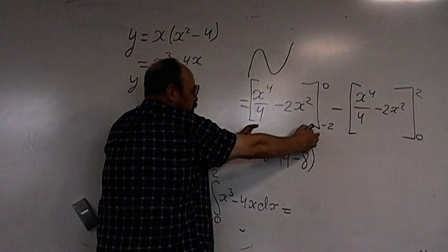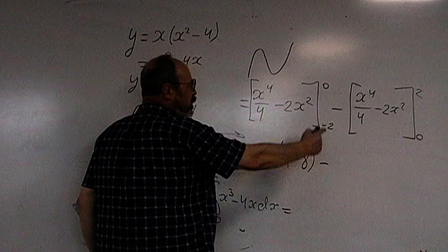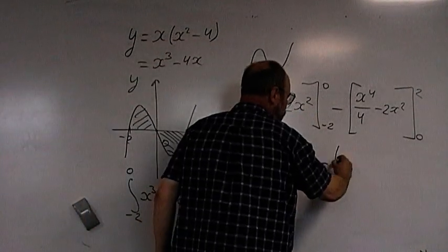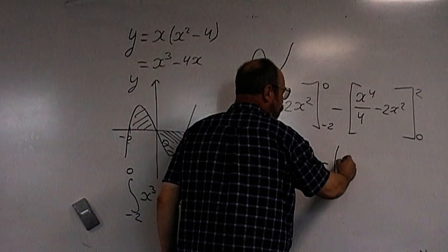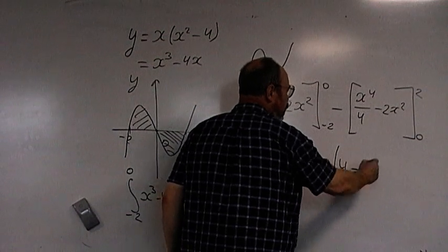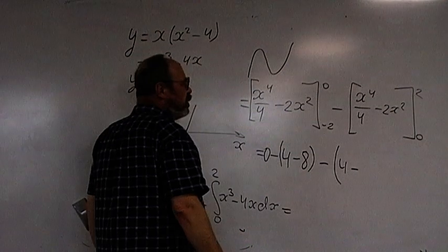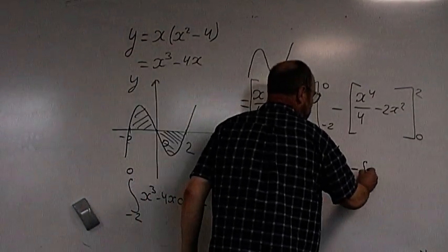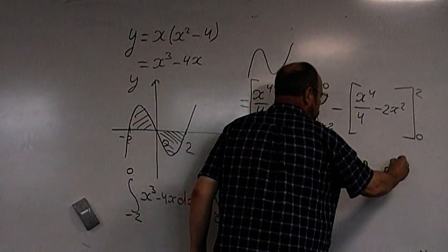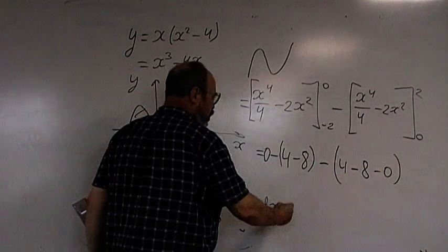That is this part. Minus, we substitute in 2: we get 2 to the power of 4, 16 over 4, minus, again 2 squared, 4 times 2 is 8, so 4 minus 8, minus 0, because when we substitute 0 it is 0.